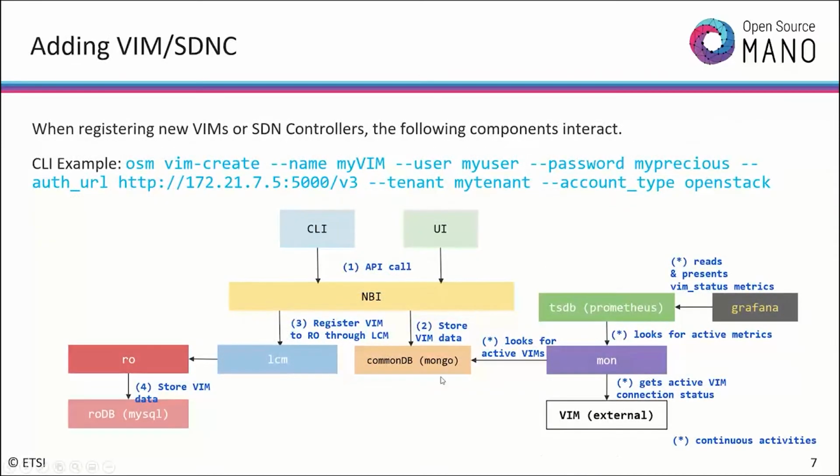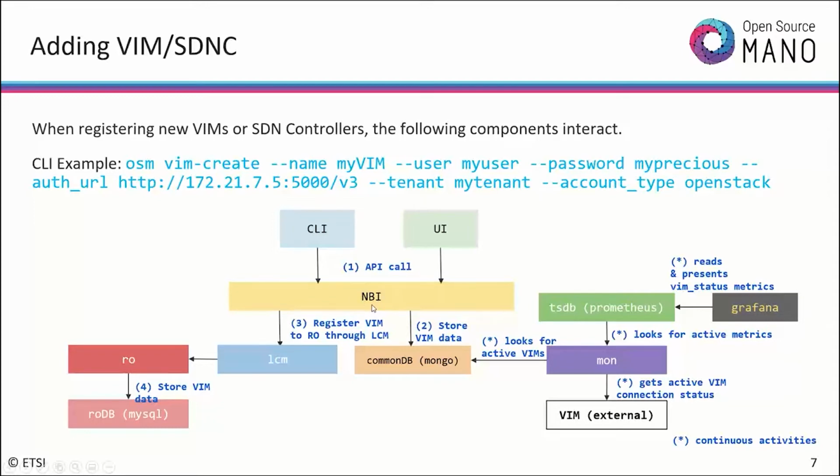Now we are going to a more complicated case: registering a new VIM or an SDN controller. For instance, we register a VIM with a name, user, password, the auth URL, tenant, etc. We will do the API call again through the NBI.